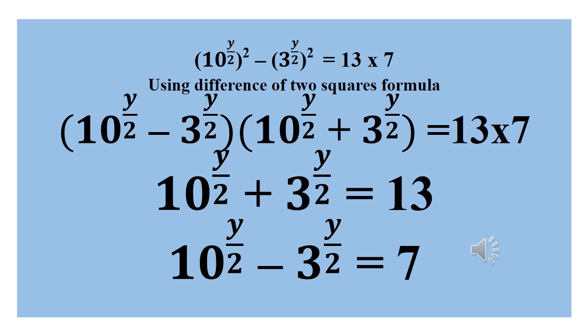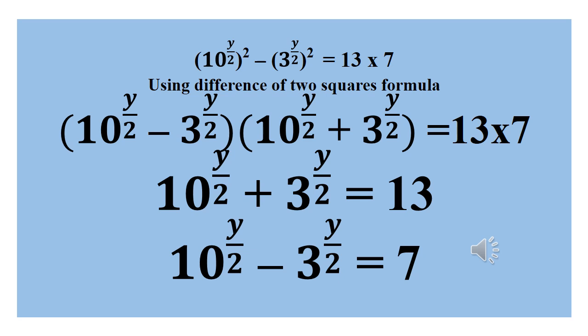So from here we can use the difference of two squares formula. That formula says when we have minus and we have two squares, we can break it into two, with the minus and the plus in brackets. So we have 10 raised to power y over 2 minus 3 raised to power y over 2 in bracket, multiplied by 10 raised to power y over 2 plus 3 raised to power y over 2, close the bracket, then equals 13 times 7.